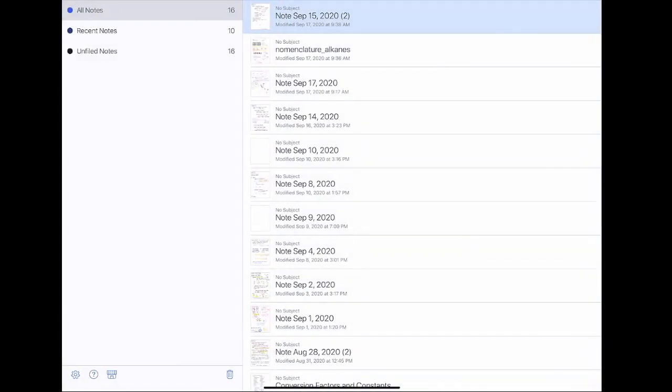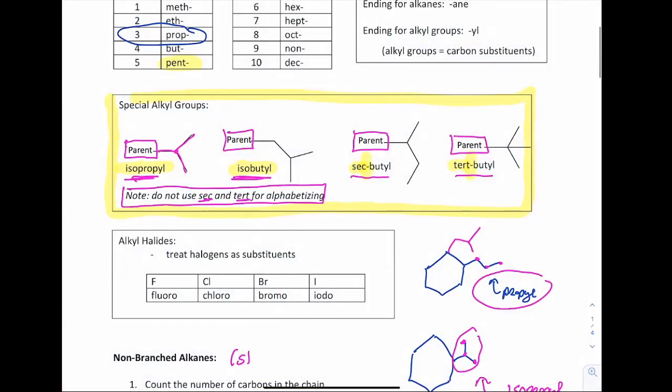If we go back to that handout, my sec-butyl group, right, it's attached on the second carbon. 1, 2, 3, 4. The sec actually stands for secondary. And what that really means is that this carbon here, where it's attached to the parent, is attached to 2 other carbons. It's attached to this carbon and this carbon, so it's secondary.